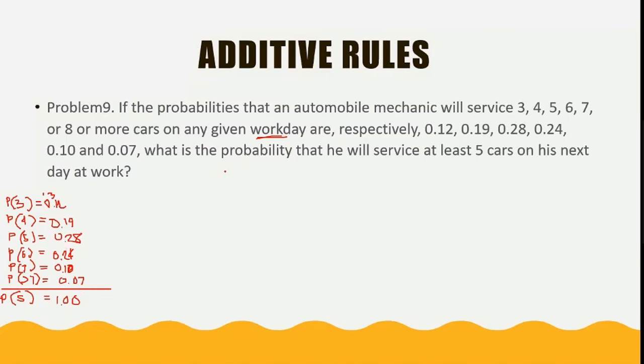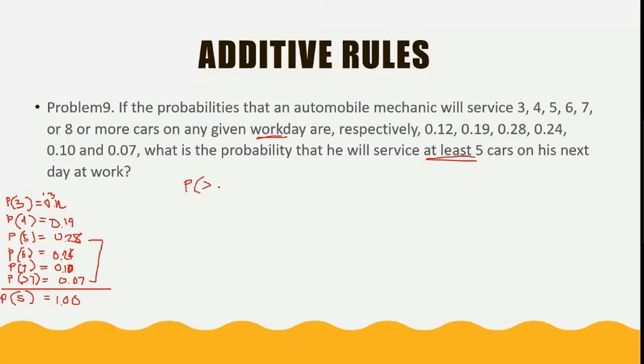Now, the question here is, what is the probability that he will service at least 5 cars on his next day at work? When we say at least, it means the minimum number of cars that he will service is 5. There are many possible ways that we can solve for this.